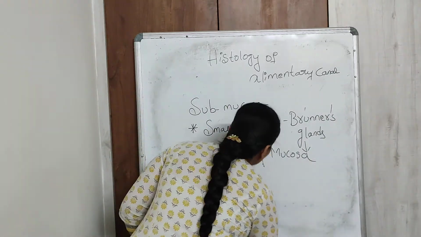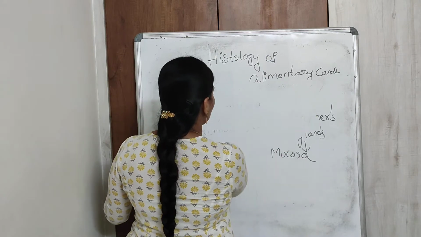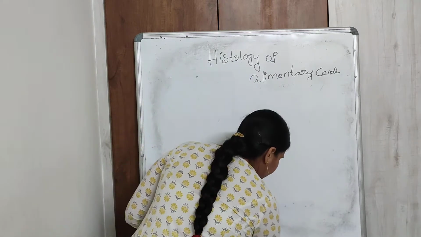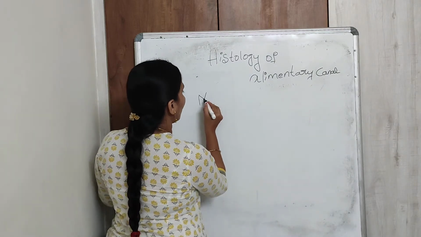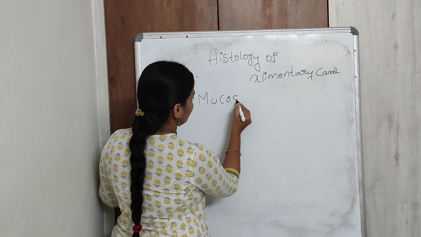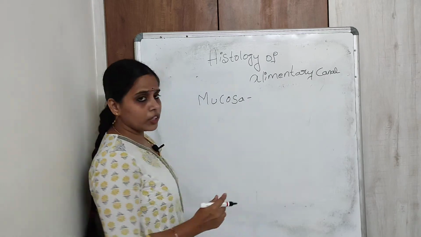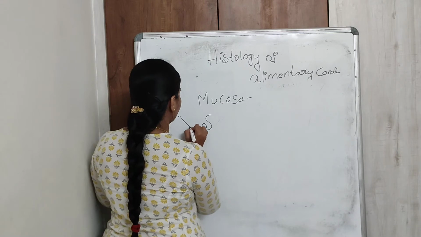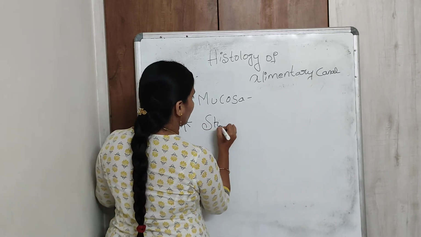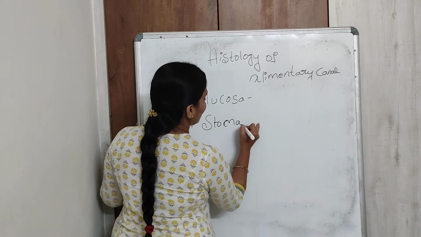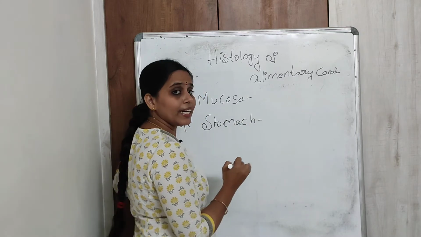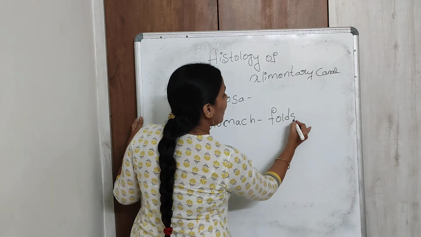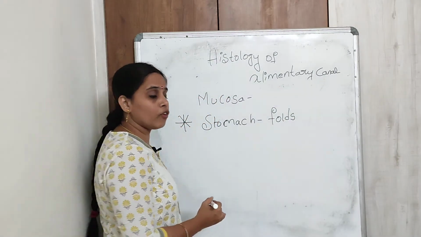And the last layer is mucosa. The last layer of the alimentary canal is known as mucosa. This is the innermost layer, children, and when mucosa is present inside the stomach, you have to remember, it has some folds.